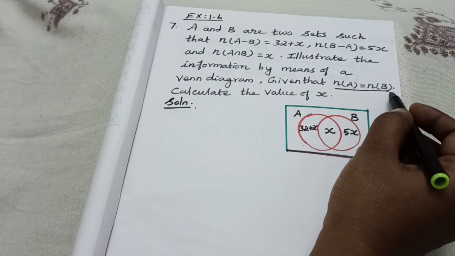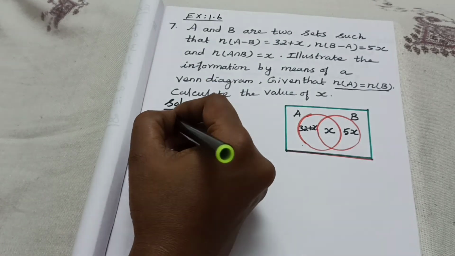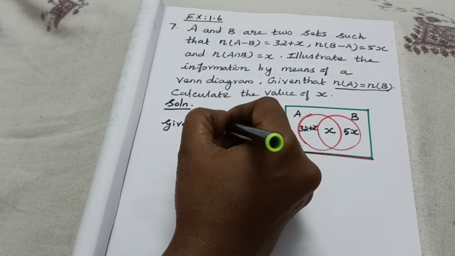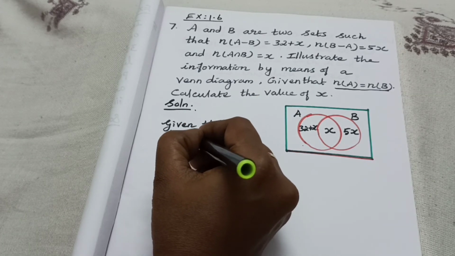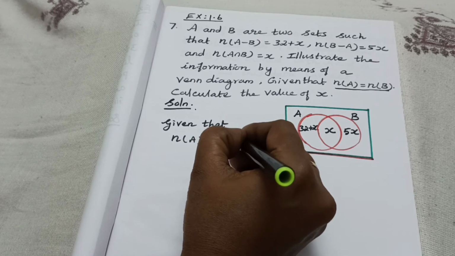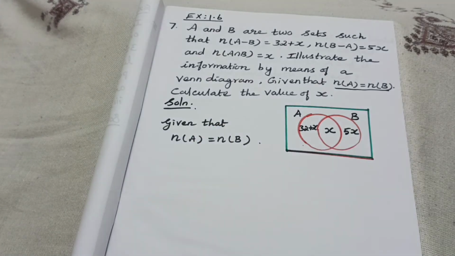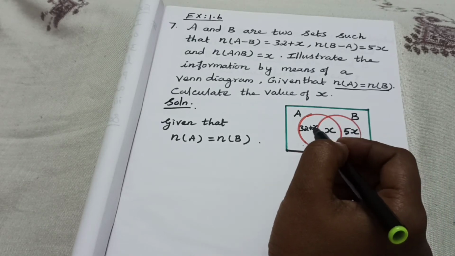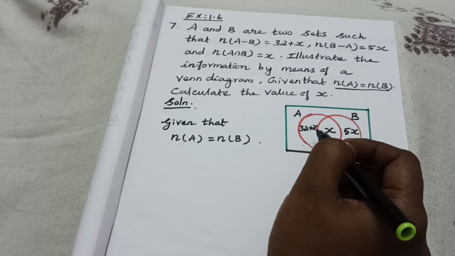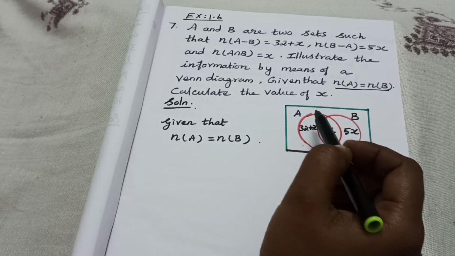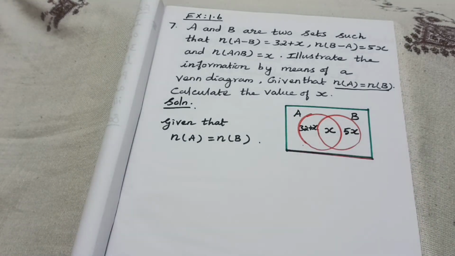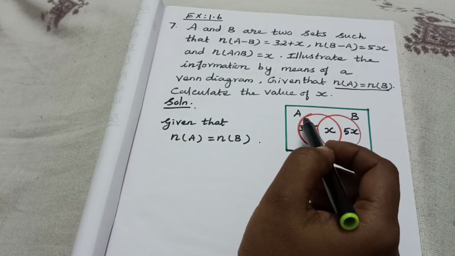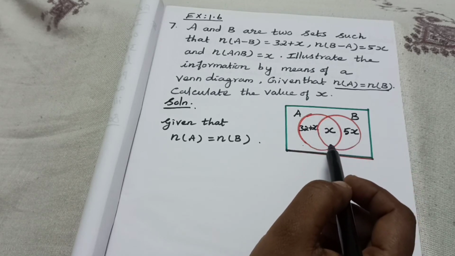Then again, what is given? n of A is equal to n of B, isn't it? From the Venn diagram, n of A means this A portion fully will come.